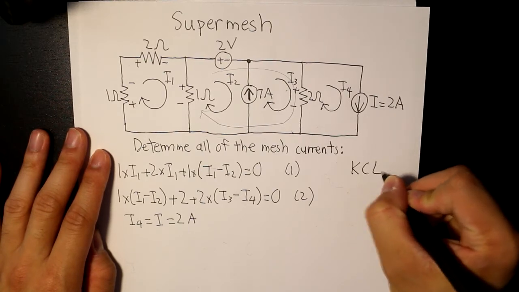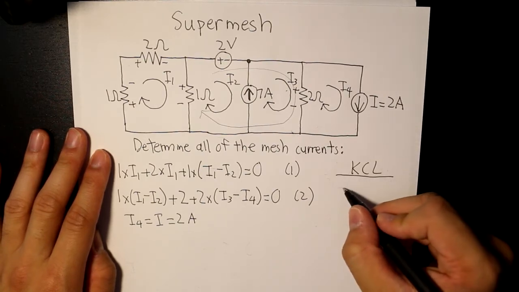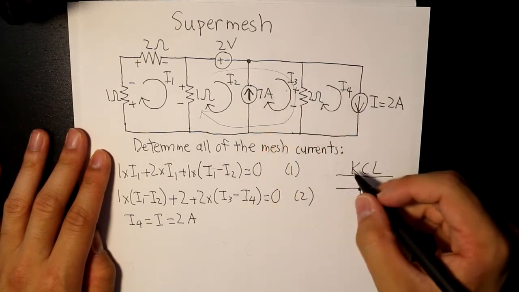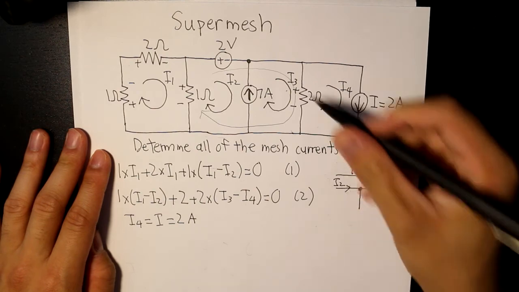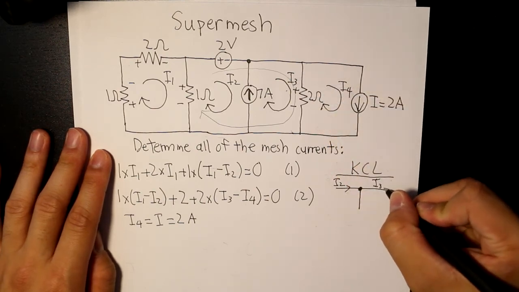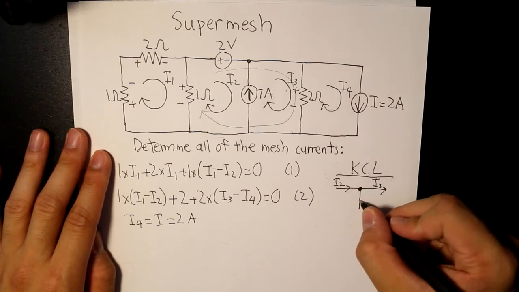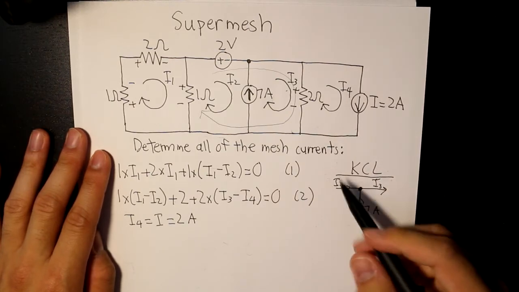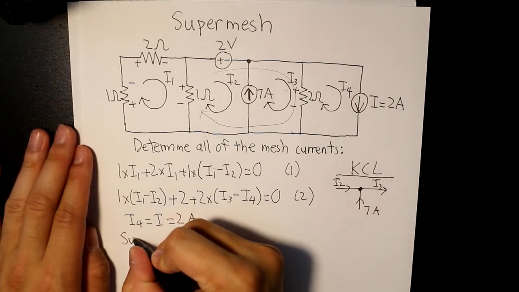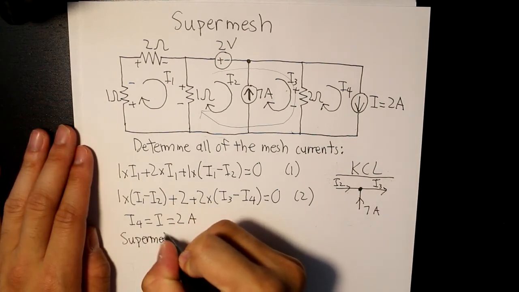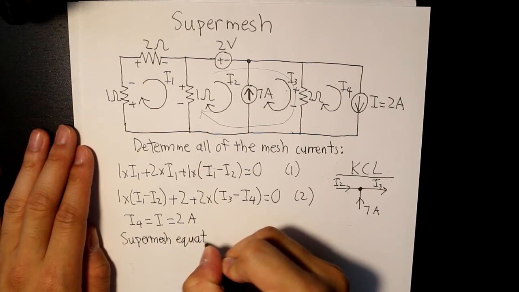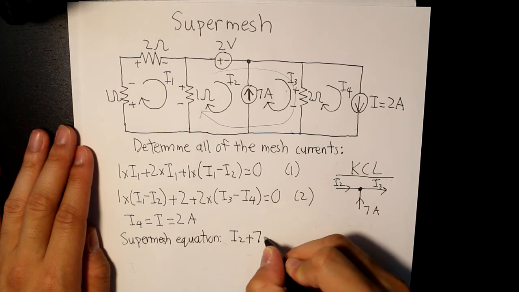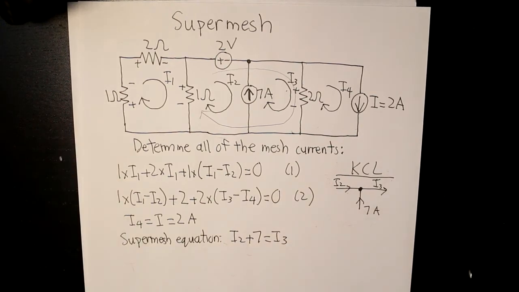So KCL, and then we have this intersection, and then I2 is entering the node, I3 is exiting the node, and the current source is entering the node as well, and now with 7 amps. And thus our supermesh equation is going to be I2 plus 7 equals I3.